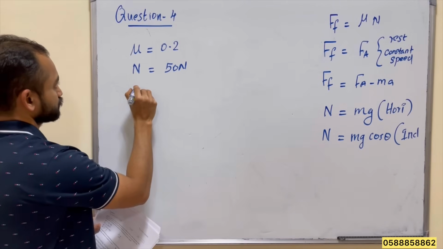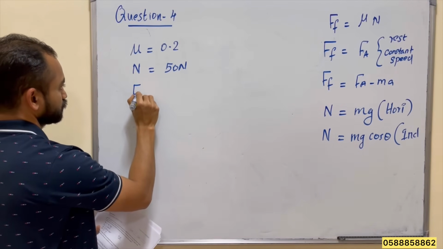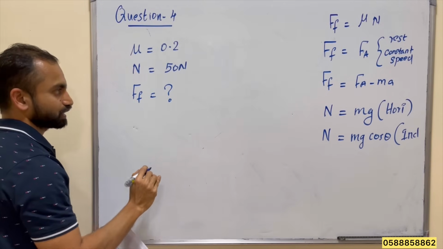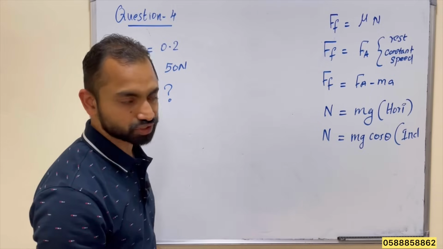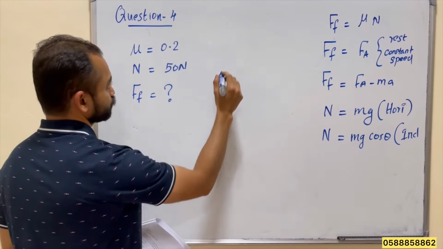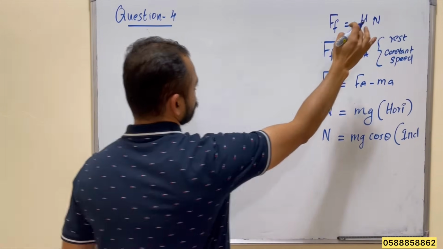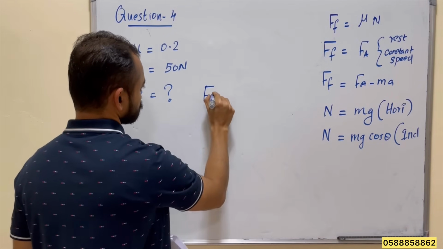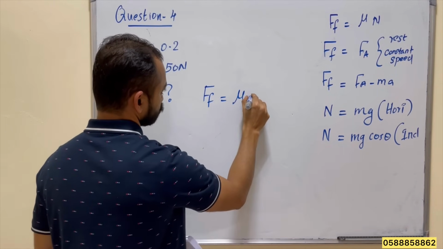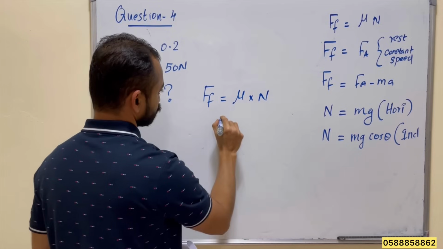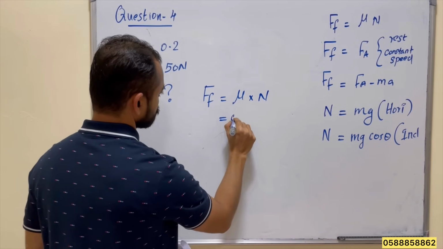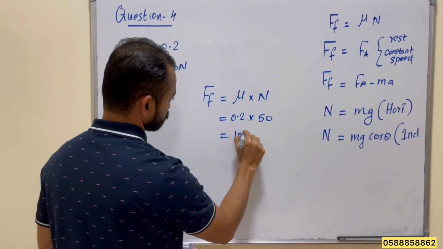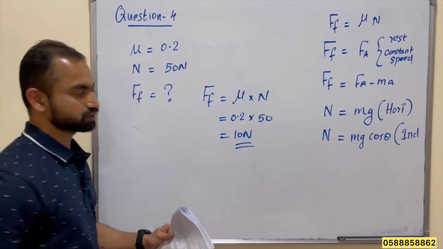So what is the equation to calculate maximum static friction? Same equation. We know the normal force and the coefficient of friction. So static friction is equal to coefficient of friction multiplied by normal force, 0.2 multiplied by 50, which equals 10. So 10 Newton is the answer.